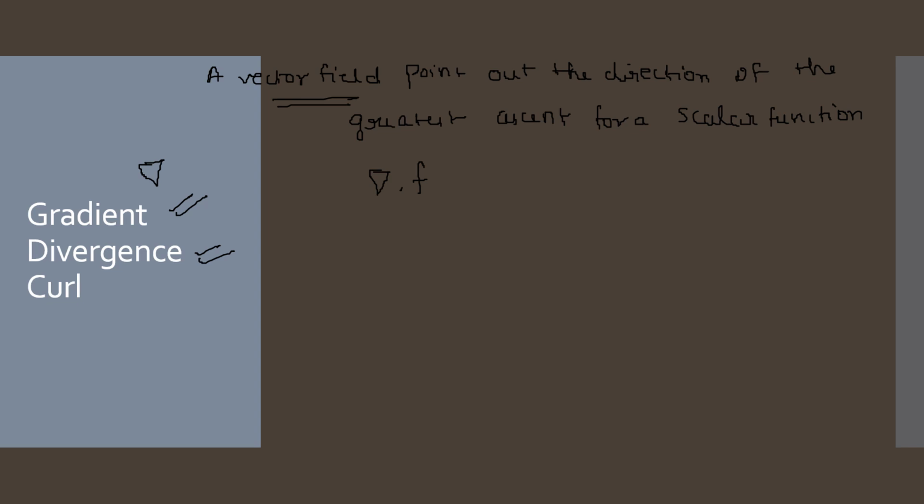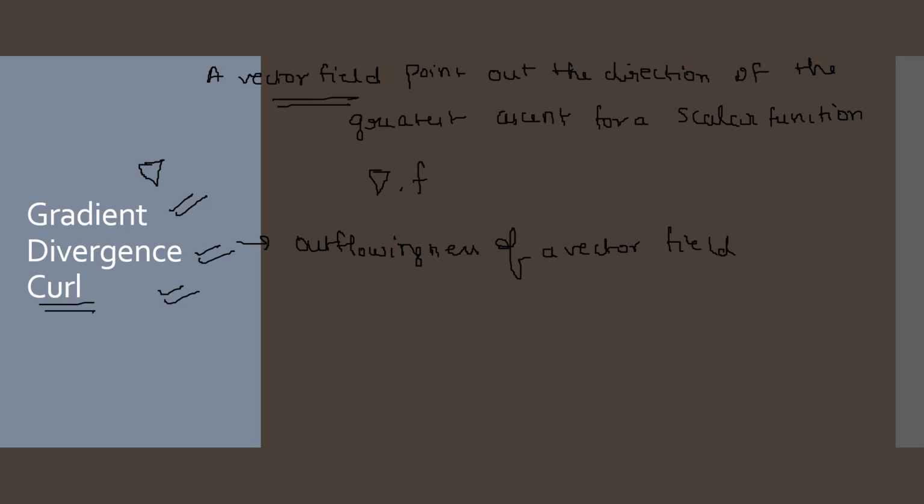If you are asked what is the definition of divergence, then you can say outflowingness of a vector field. How much divergence that vector field is having. So this was about divergence.